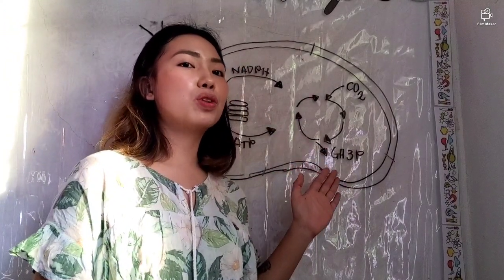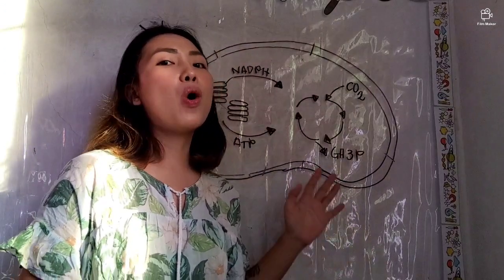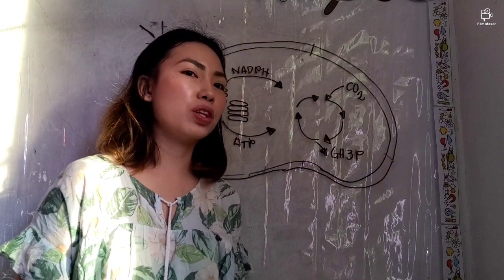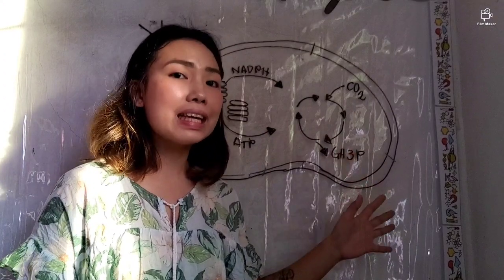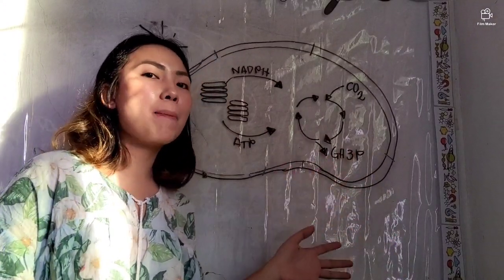Stage number 2, which is called the Calvin cycle or light-independent reaction, does not need sunlight, and it may happen even daytime or nighttime.